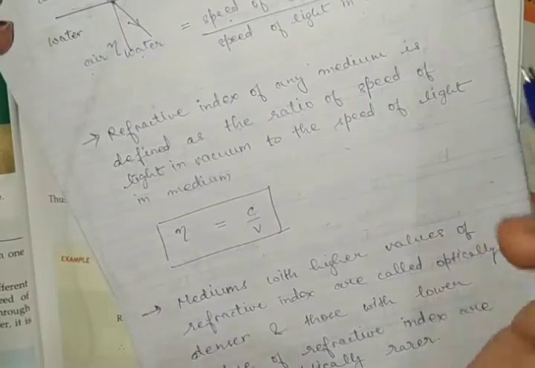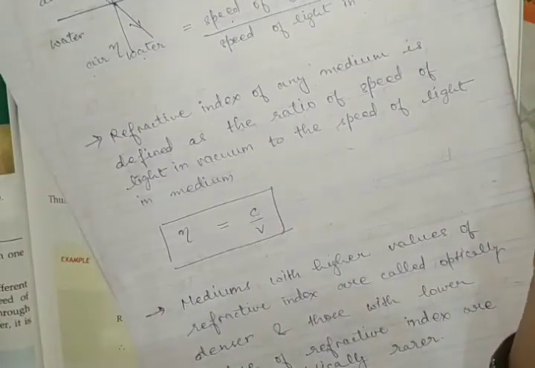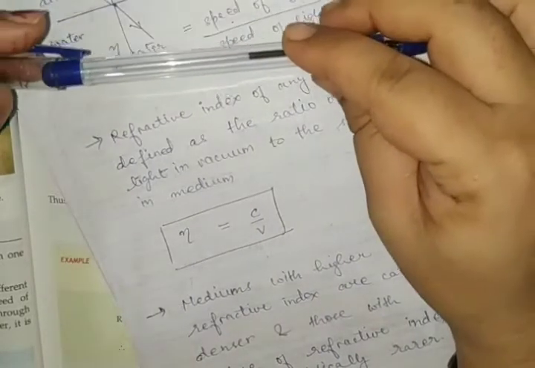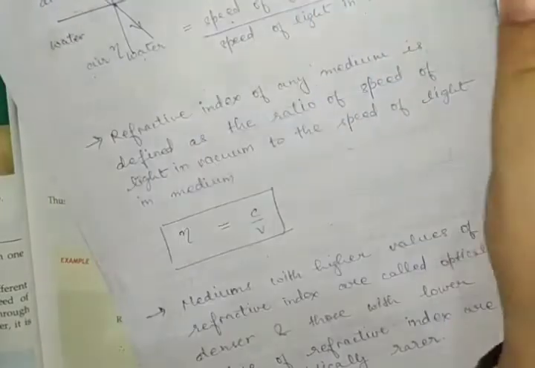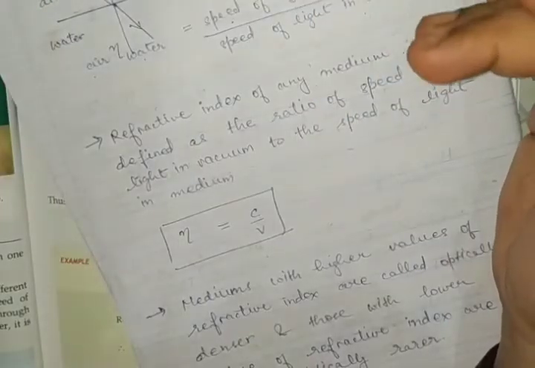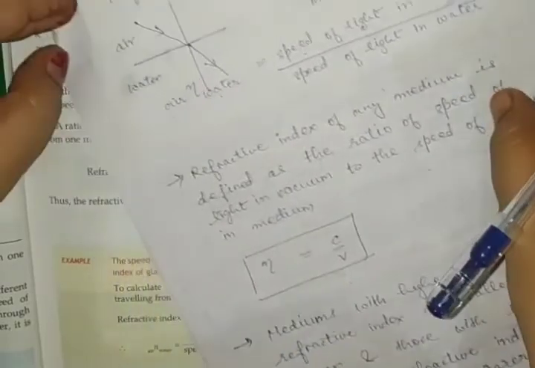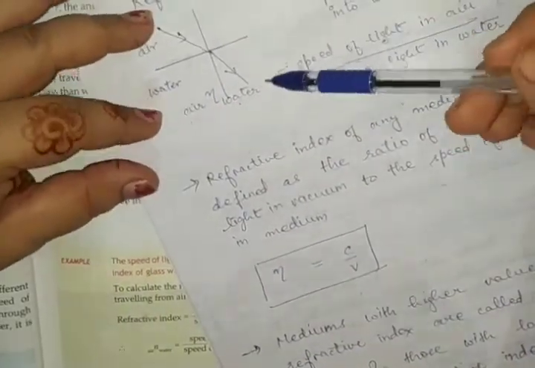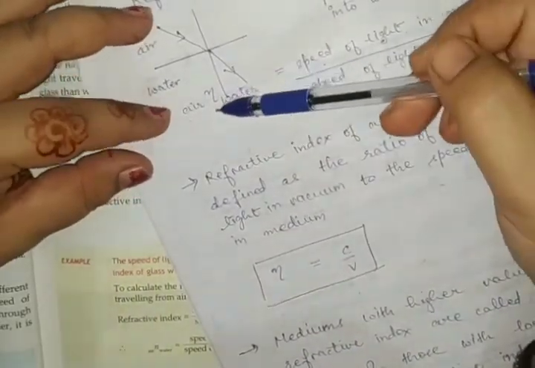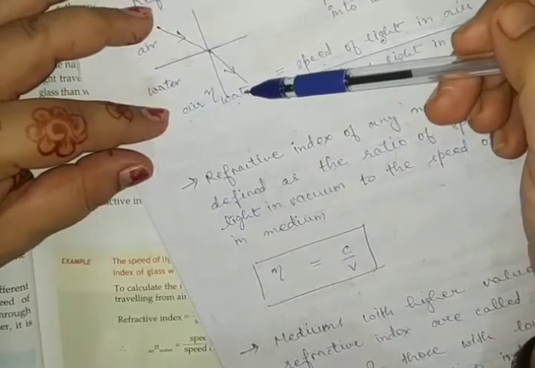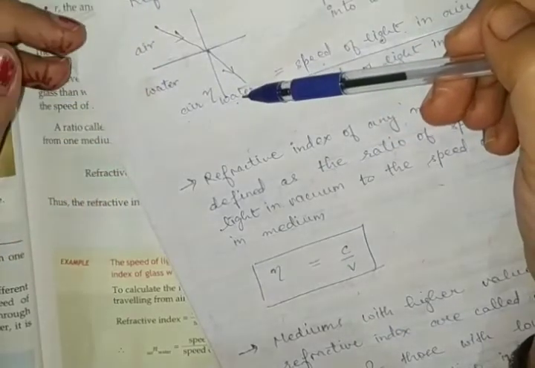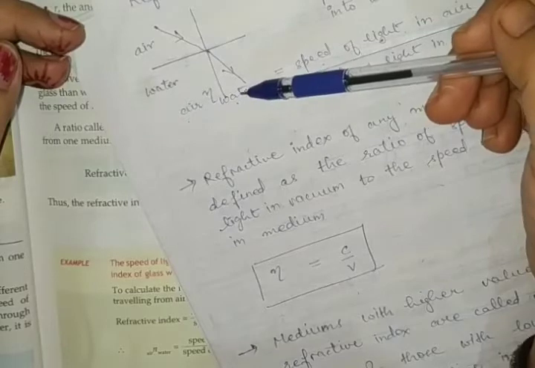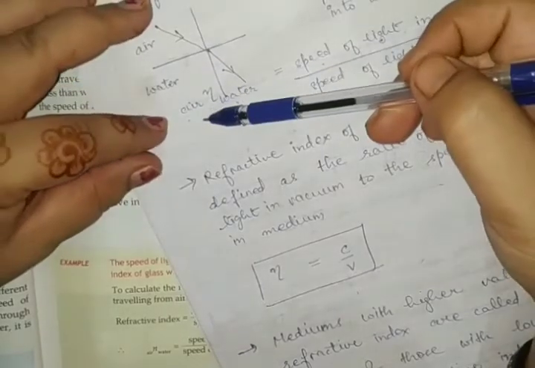Now see, whenever we are going to compare something, we should have some standard to compare with. Okay, like here, when I say refractive index of water with respect to air, I was comparing the speed of light in water with the speed of light in air.